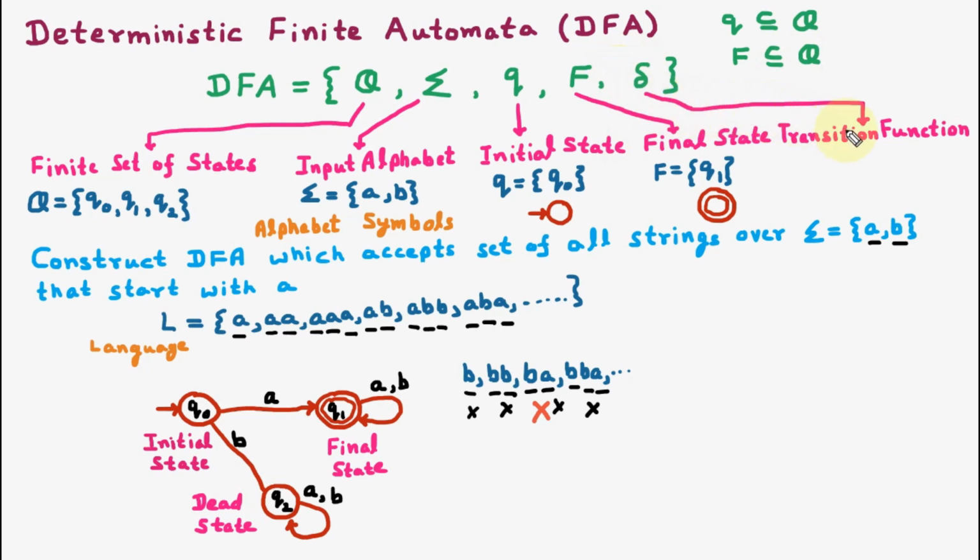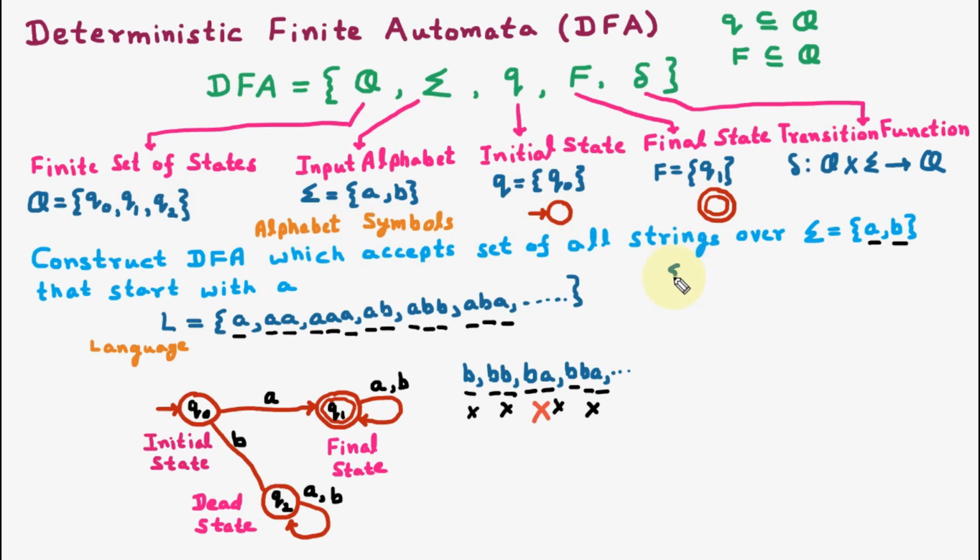Next element is the transition function, and the transition function is represented by Q cross sigma, which gives Q. Now let's understand. This Q means the set of all states.